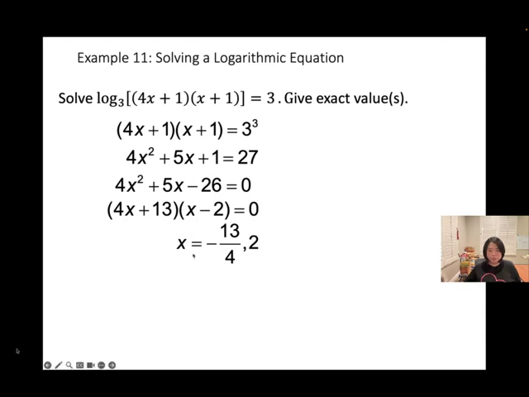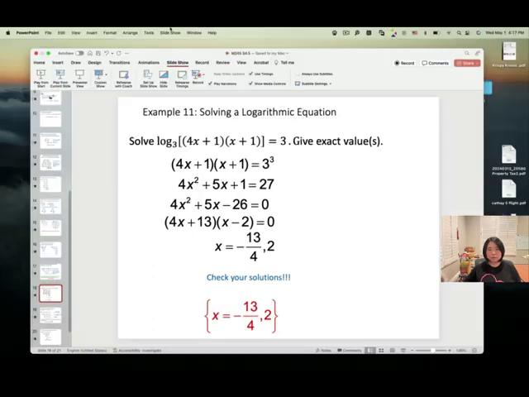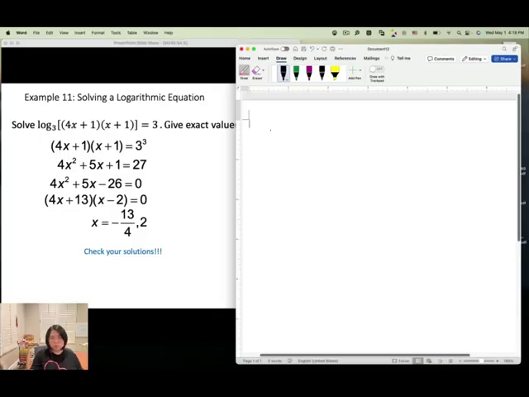We got a negative, but don't reject it yet, okay? We try to put it back into the original equation to see if we get an error. So let's check the solution together. We're going to check x equal to negative 13 over 4. We put it back into the original equation.